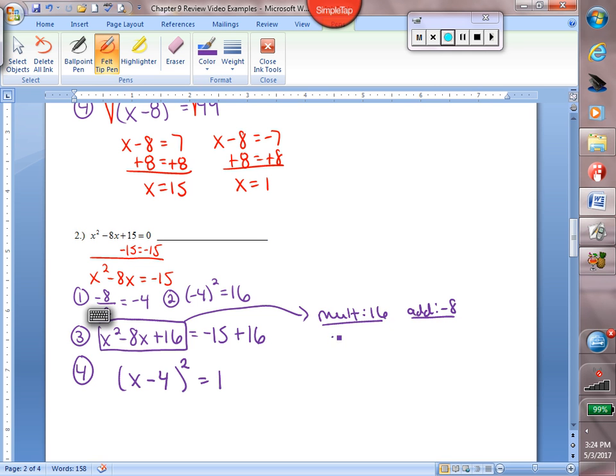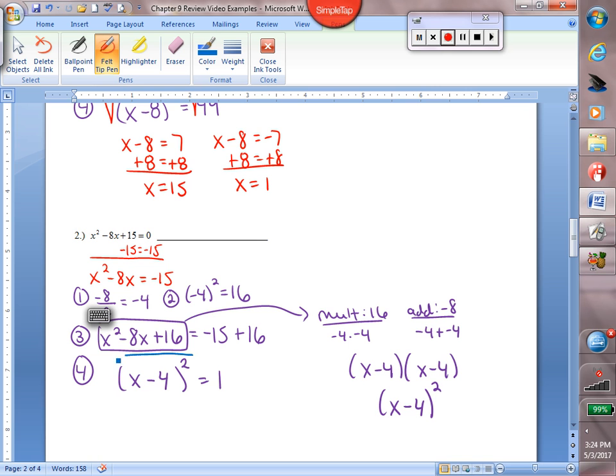The two numbers that will work, actually it's just one number, it's negative 4 twice. So we would have x minus 4 and an x minus 4. That would give us x minus 4, that quantity squared. It's the same thing times itself. So if you don't like the shortcut, you're more than welcome to do the multiply add to go ahead and factor that trinomial.